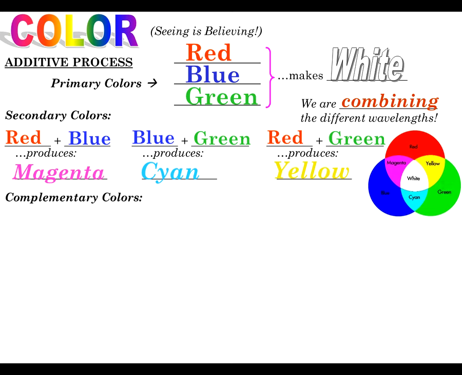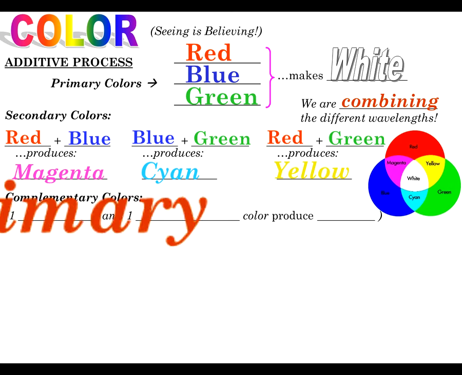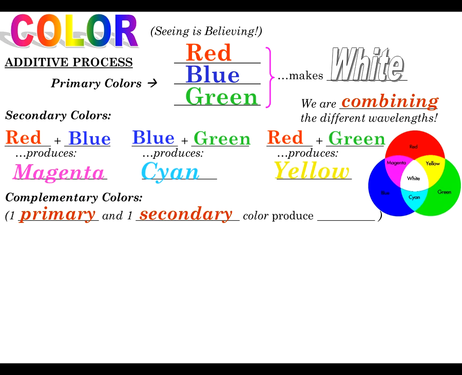All right, now let's also consider the complementary colors. So the complementary colors consist of a primary and a secondary. And they produce, well, without trying to go through the logic, let me just give you the answer. It's white. And you can see that as follows. You take red. Now, that's a primary.